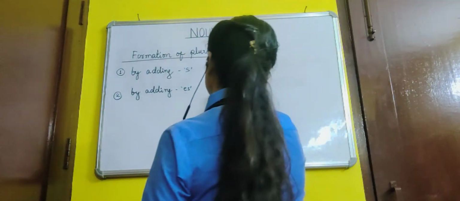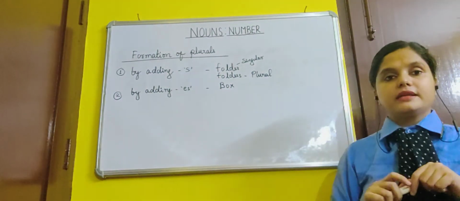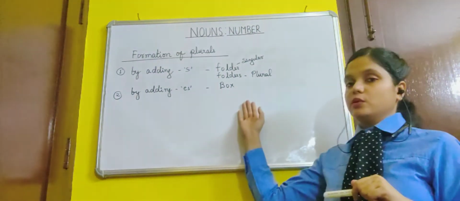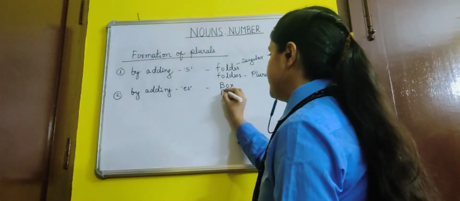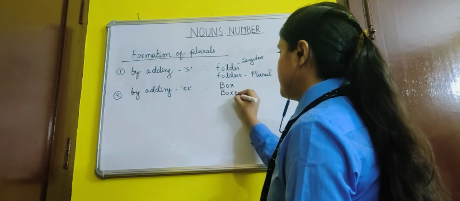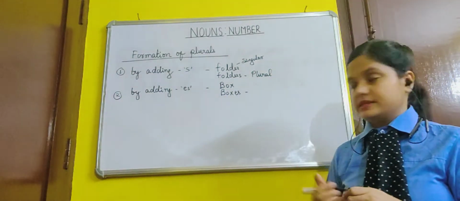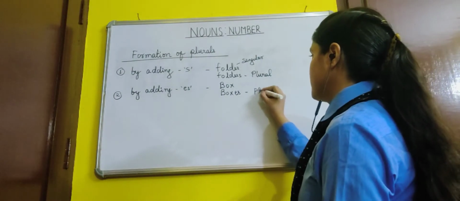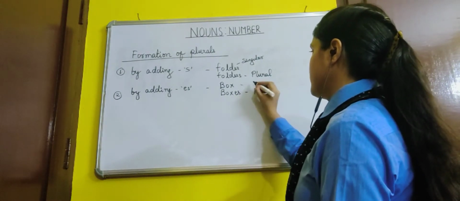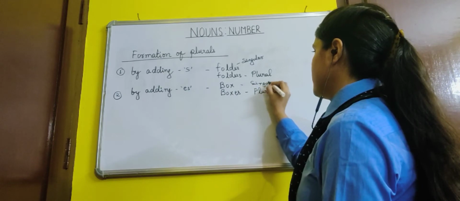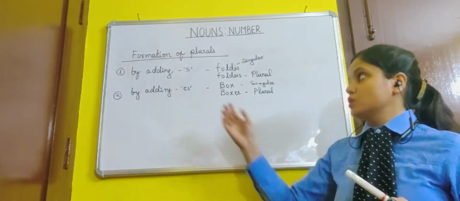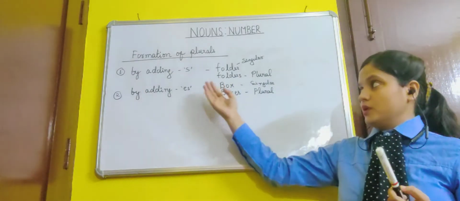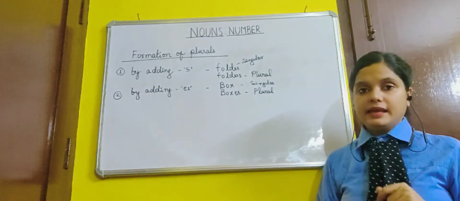For example, there is a word box. We can't make the plural of it by adding s, so we will add es. Boxes. So we can make plural by adding s, or by adding es.